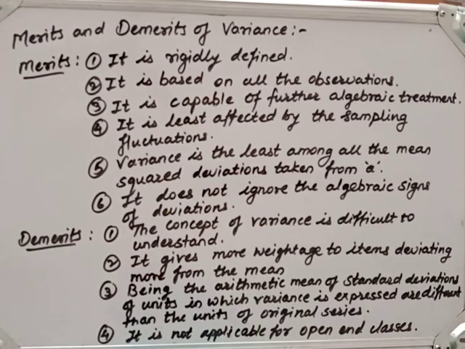Okay. Now, one more drawback of variance being expressed in different unit of measurement as compared to original series is overcome by defining the standard deviation. The standard deviation possesses all the merits of variance, hence it is regarded as the best and most powerful measure of dispersion.